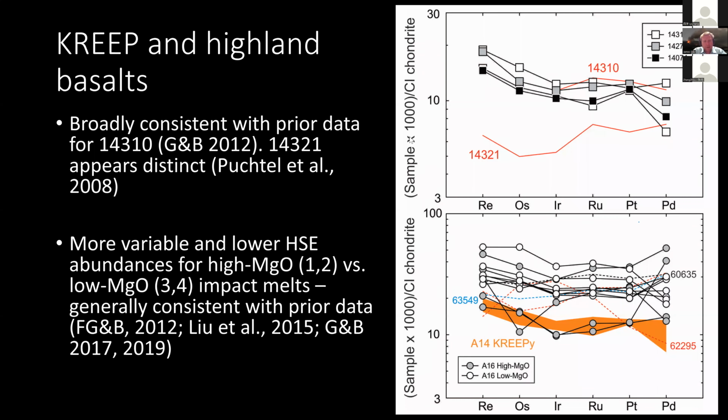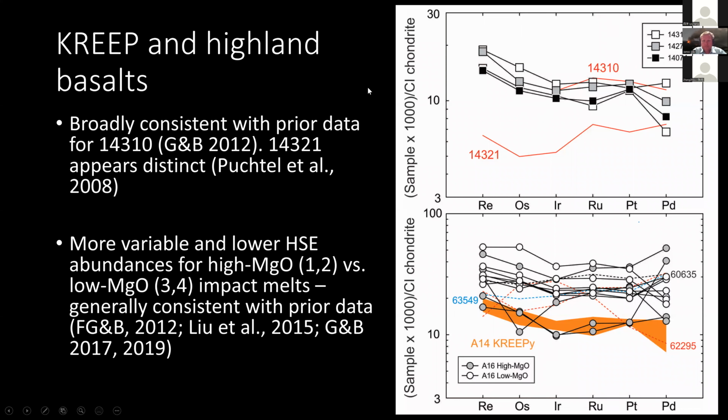So these are not enormously rich in HSEs, but they are quite rich in HSEs because they have impact material within them. You can see the data for 14310 that I've obtained is not too far off the data obtained by Fischer-Gerd and Becker in 2012. They didn't measure osmium and rhenium in that particular sample. I did.